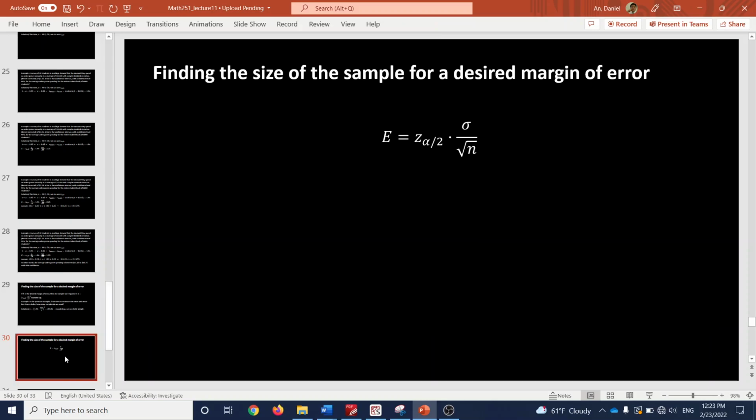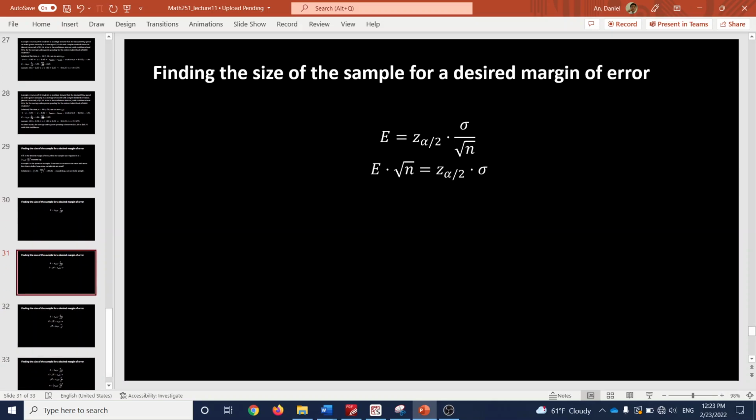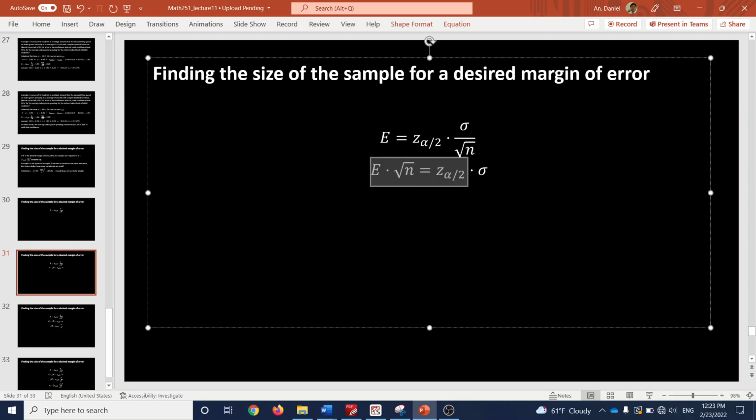When I see a fraction, my first response is to get rid of the fraction. So I just multiply both sides by the square root of n. If this square root of n goes to the left side and it gets multiplied, I don't see the square root of n anymore. So I have this. It's nice, right? Now, our goal is to isolate n. So what should we do? To isolate n, we first get rid of e, so you divide by e.